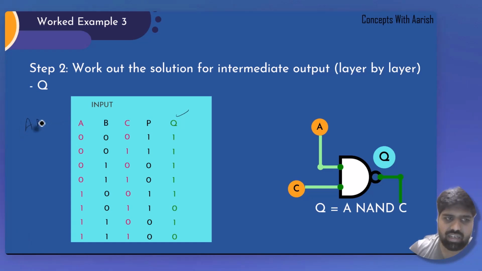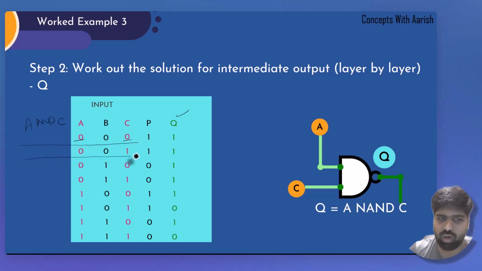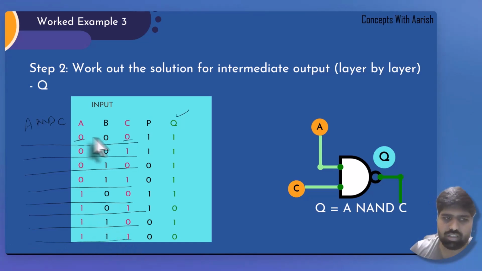First you go with A and C. For 0 0, you need both inputs to be 1 in order to produce a 1 in AND. Otherwise, it will always produce a 0. If any one of the inputs is 0, it will not produce a 1. So this one will become 0, this 0, 0, 0, and because both of them are 1, it will produce a 1.